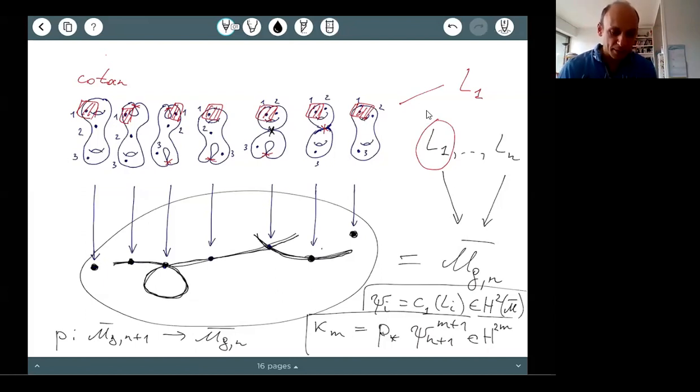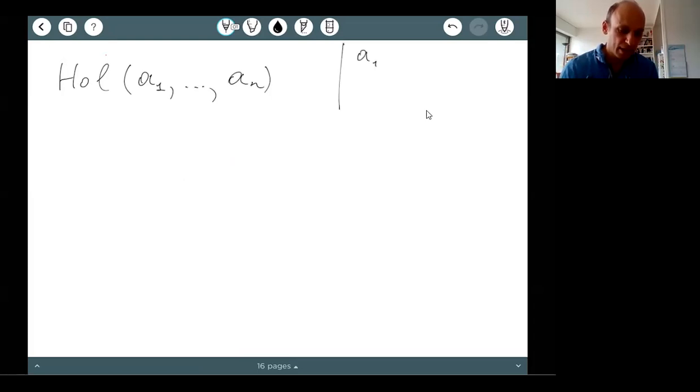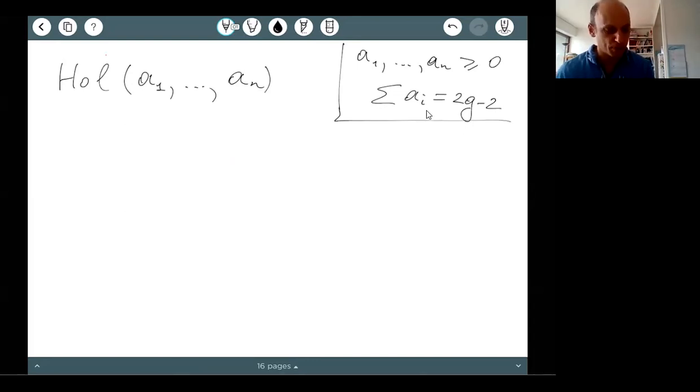Okay, so now let me define the holomorphic locus, which is the main character of the talk. So first I define it in M_{g,n}. I fix n integers a_1, ..., a_n, each greater than or equal to 0, and their sum is equal to 2g-2. That's the number of zeros of a holomorphic one form on a genus g Riemann surface.